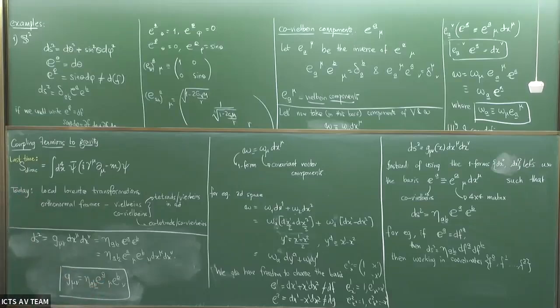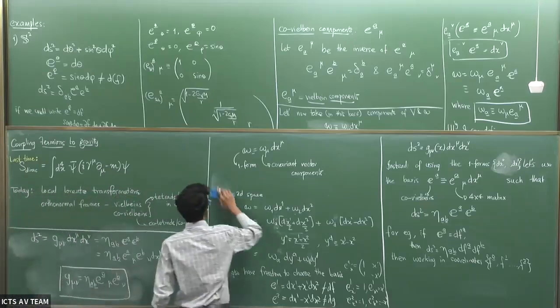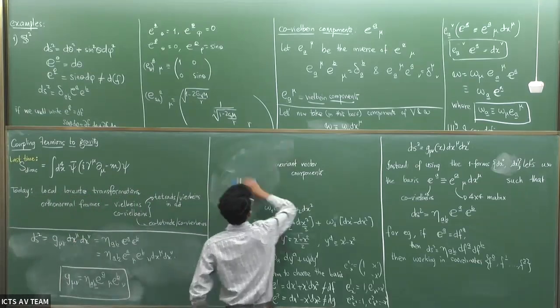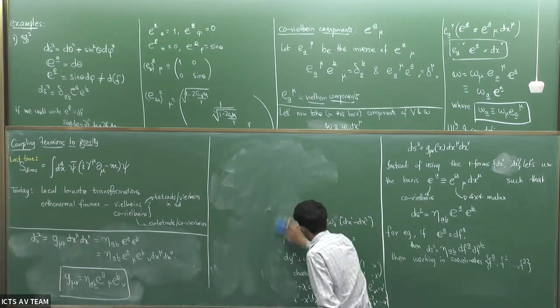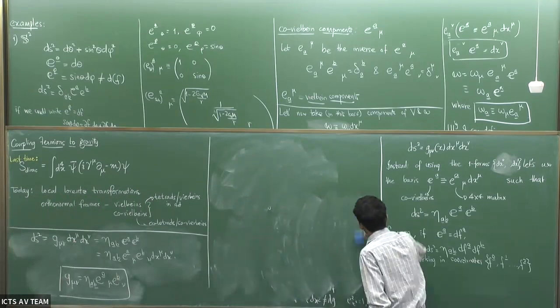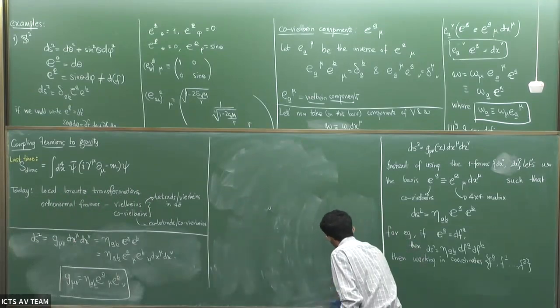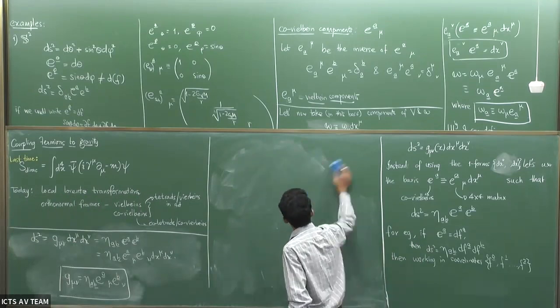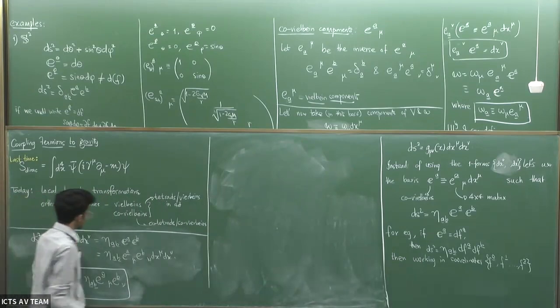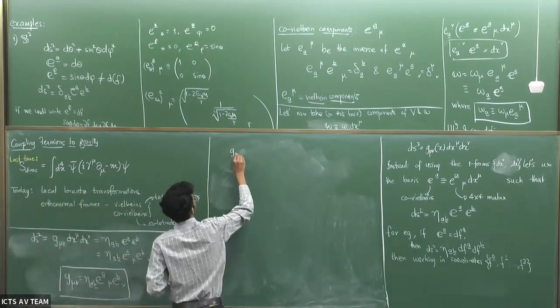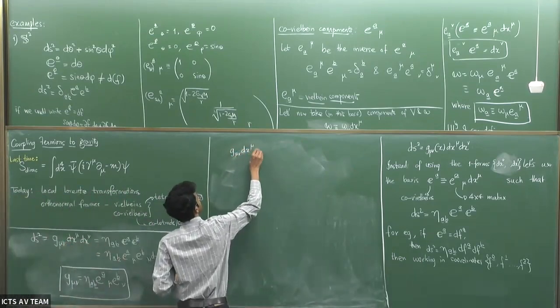Okay. I can also write the inverse of this equation. I can write eta in terms of g. Let me also write that up because that will also be very powerful. That's basically using the same equation. You write g_mu nu dx^mu dx^nu.